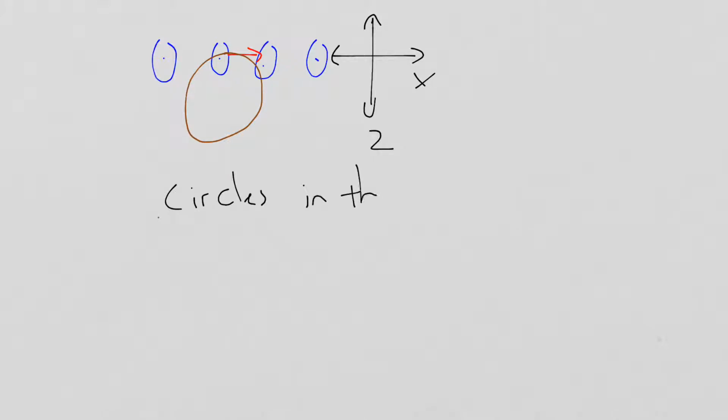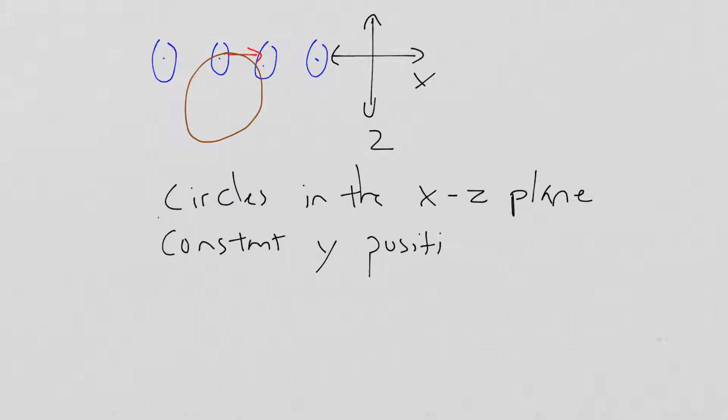If I add these arrows on here, it moves clockwise at a constant speed. We know it's a constant speed because magnetic fields don't do any work. If it did work, it would have to speed up or slow down.